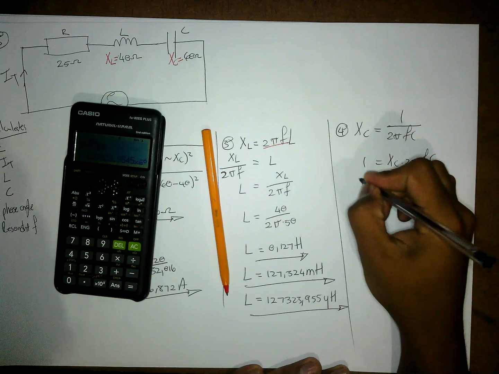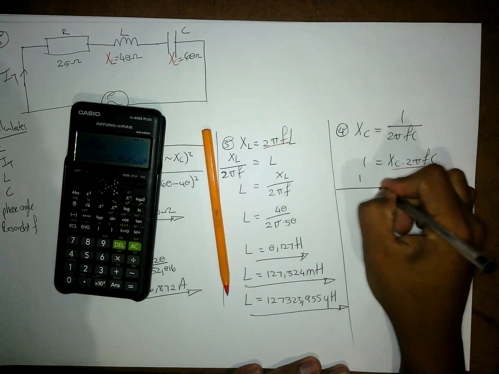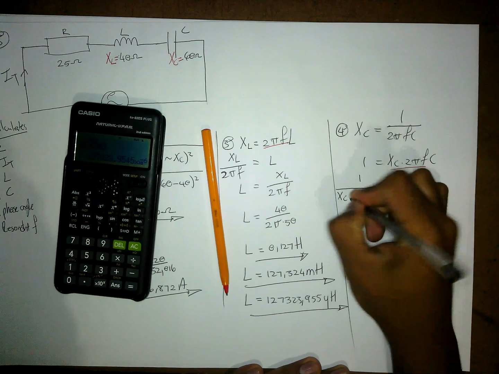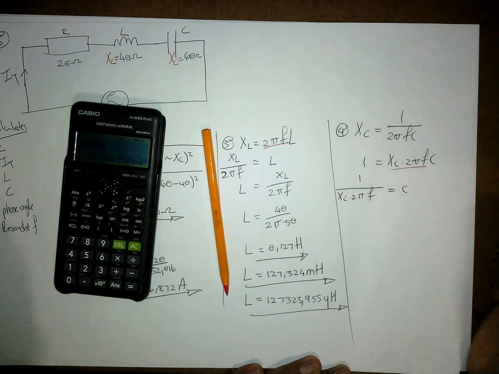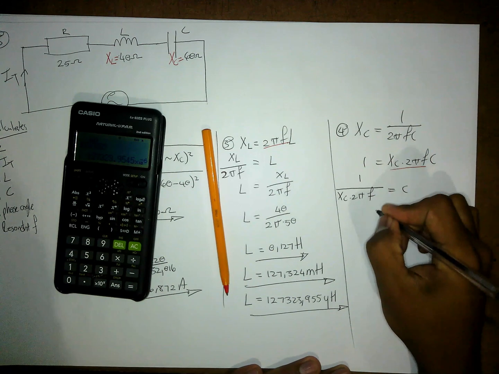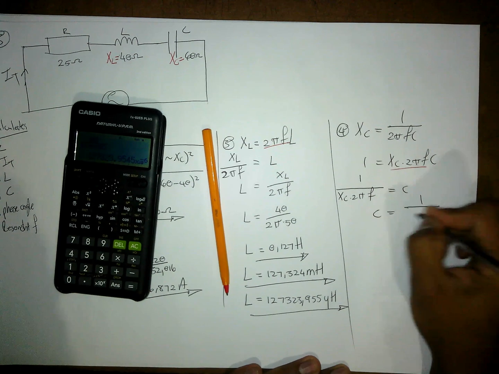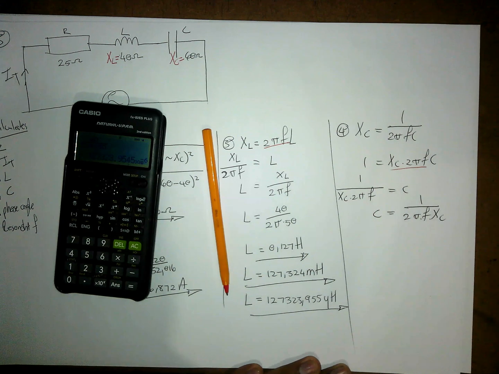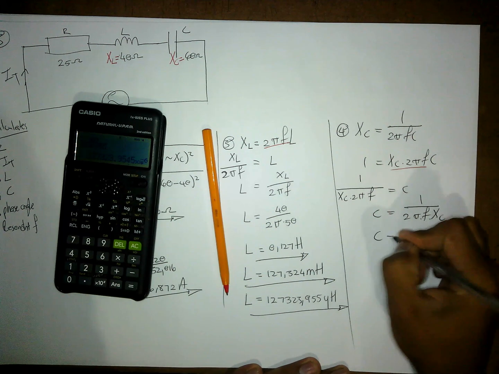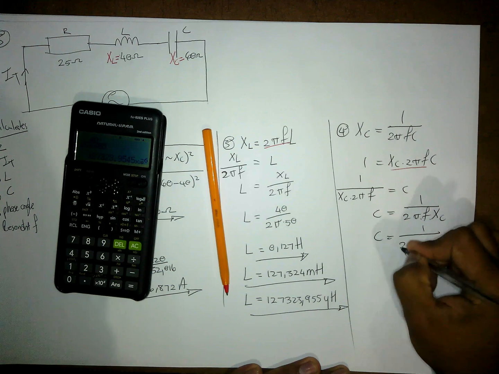Then we get 1 over XC 2 pi F equals C. Then we write it nicely: 1 over 2 pi F XC.